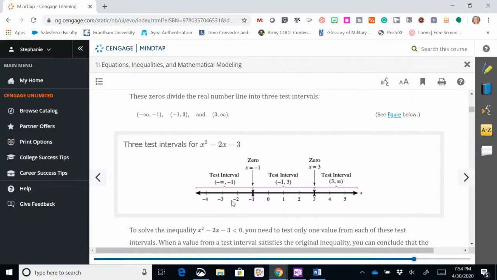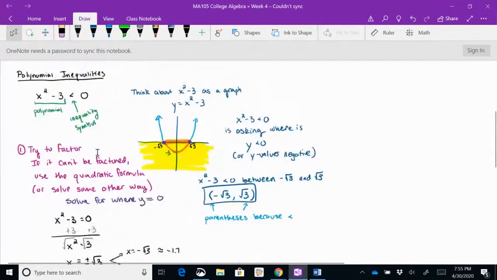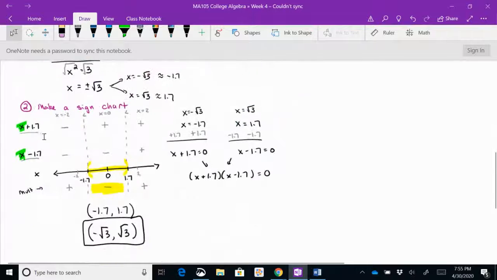You could plug in negative 2 here, but they plug the number into this whole thing, the original. I find it a lot easier to plug it into the factored form and then multiply, because it's just smaller things.